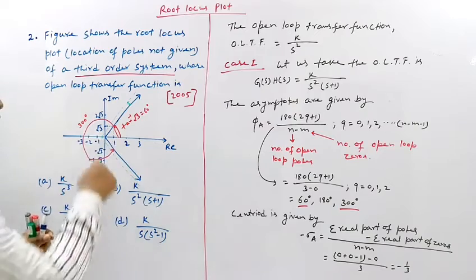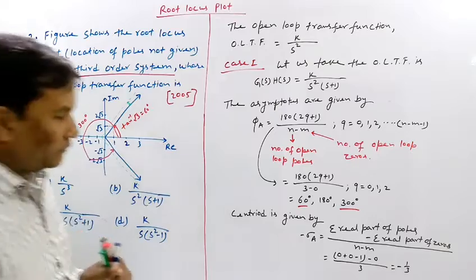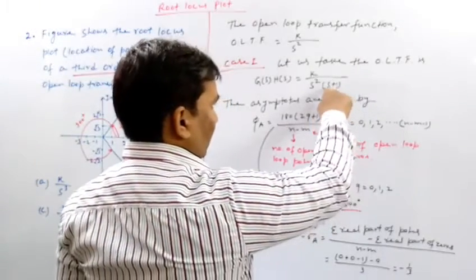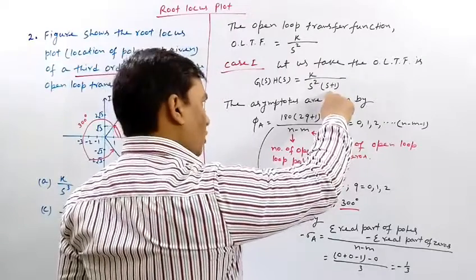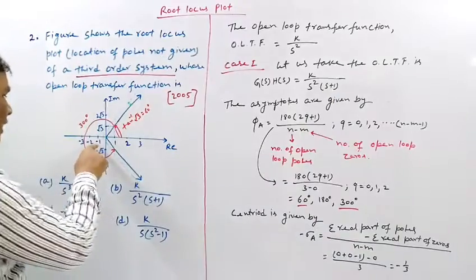So the starting point of asymptote must be the origin, and for that the third root must not be s plus 1. The third root must not be at s equal to minus 1.